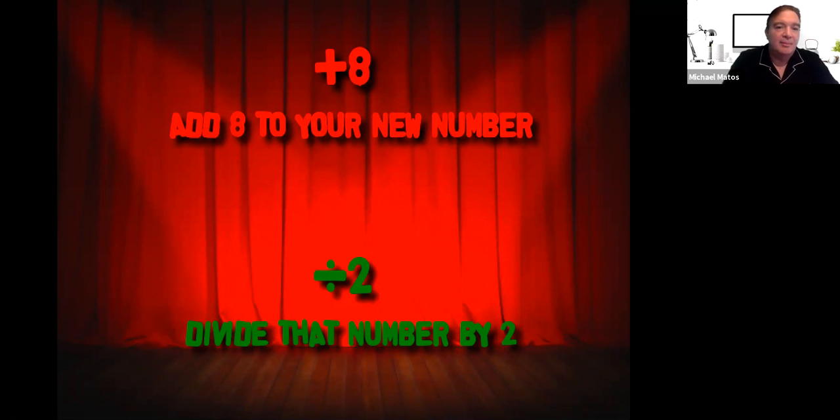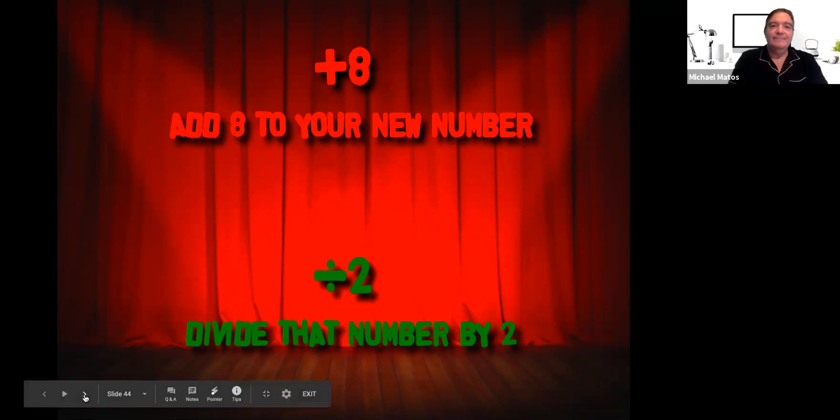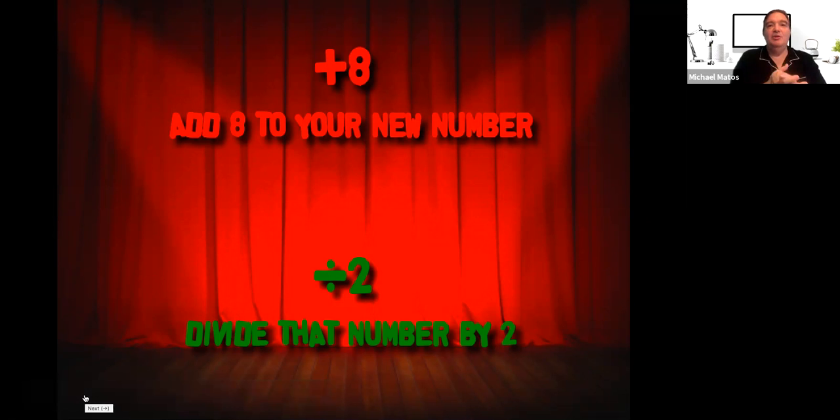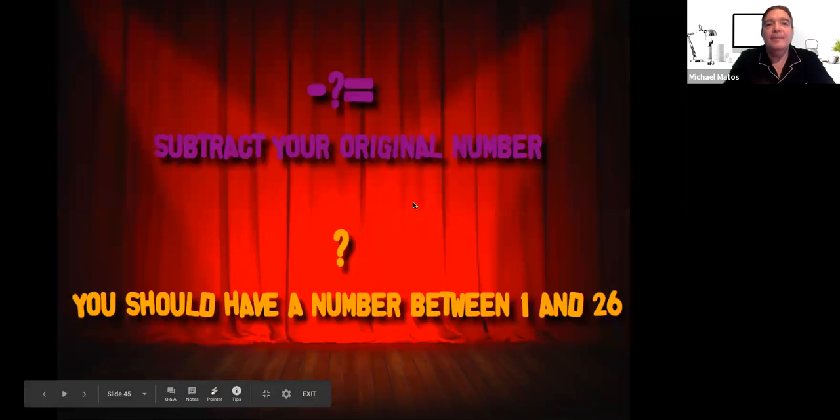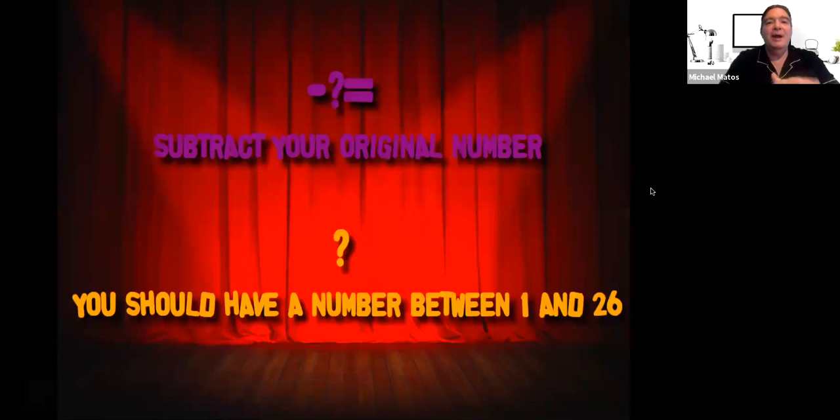Now take that number and divide it by 2. So you should have a new number now, where you first added 8 and then divided by 2. Okay, now go back to your original number that you chose from 1 to 10 and subtract your original number from that.